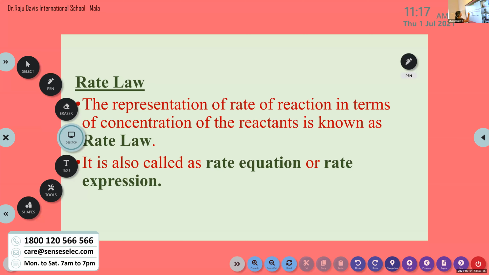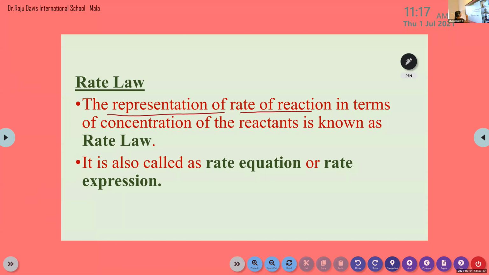The rate law is the representation of rate of reaction in terms of concentration of the reactants. We have learned that rate can be expressed in terms of the concentration of either reactants or products.